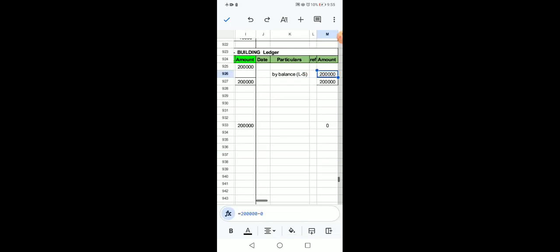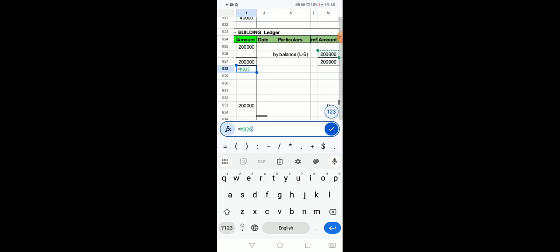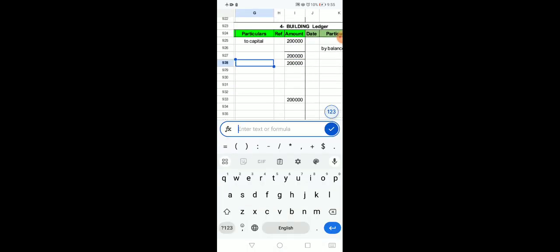First purpose of calculation of balance is completed, and now what you will do, you will bring this balance downward but on the opposite side. So you have calculated your balance on credit side. What is opposite side? Debit, and you are going to put this balance on debit side. Since you have brought it downside, that is why in reference you will say it is a balance but this balance was brought down.